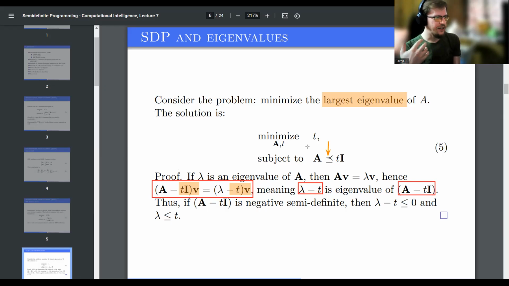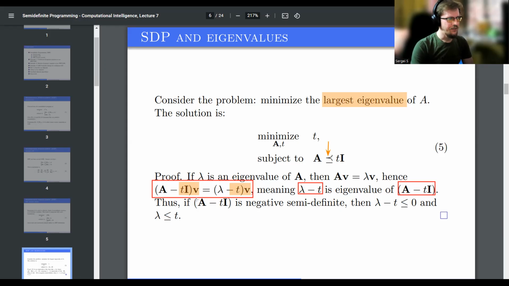The previous one, A, had eigenvalue lambda. The new A minus Ti has eigenvalue lambda minus T, which, by the way, is a neat trick. If you want to do some transformations with eigenvalues, keep in mind that subtracting identity does this to eigenvalues.